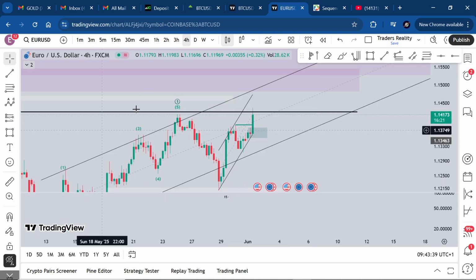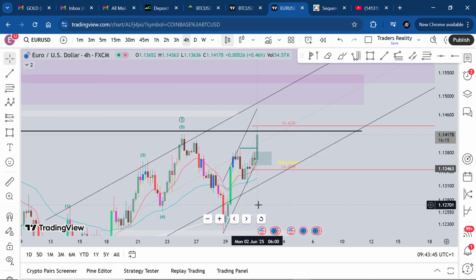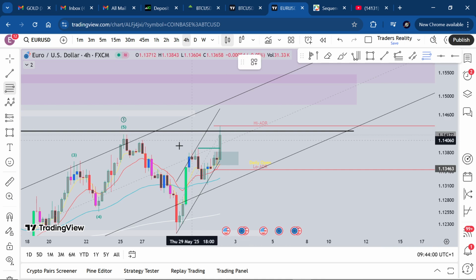Let me just have these indicators on quickly, the EMAs and the TDI. Okay, so on the 4-hour, we've come up in a 1 and a 2. This cannot be a B and then C, because your B wave has extended past the 0.618.